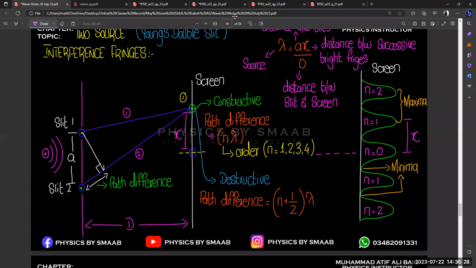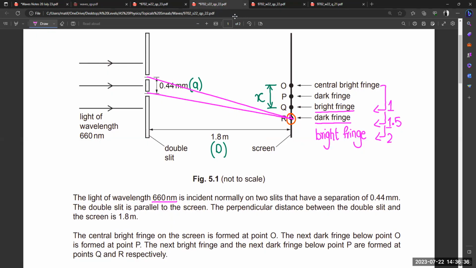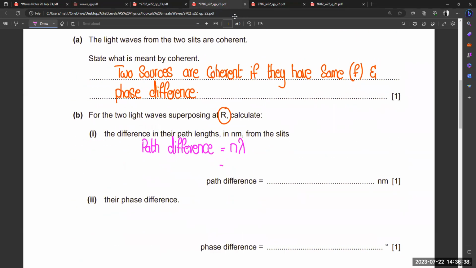Because in dark fringe you have the formula n is equal to 1 over 2, so that 1 over 2 automatically decreases your value by half. So we just simply use n is equal to 1.5 and lambda is 660 nanometer, meaning 10 to the power minus 9, and we need to find the answer in nanometers, so just multiply 660 by 1.5 and the rest of the thing remains the same.